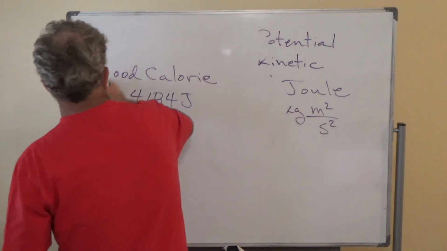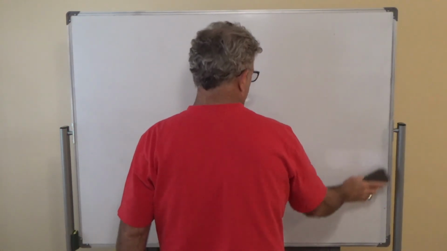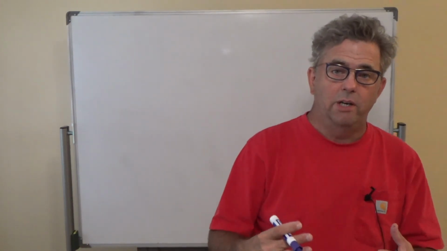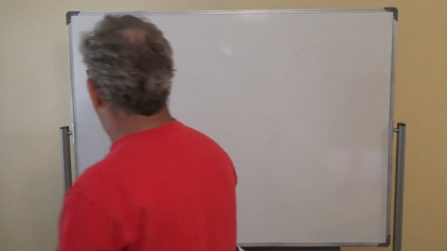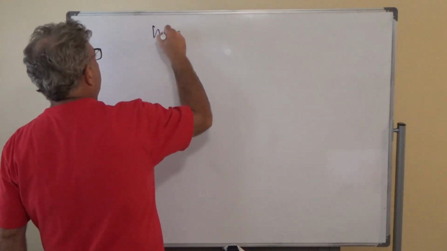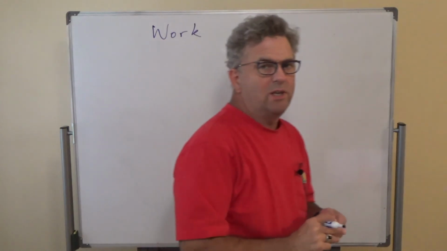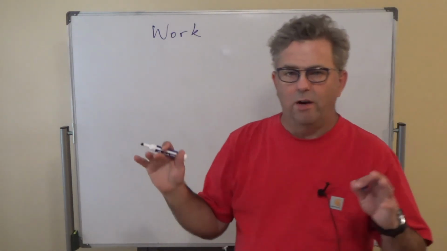Let's talk about this relationship to work. Because someone just mentioned that energy is this ability to do work. So an object has some energy if it has some ability to do work. But what is work? Well, when we say work in physics, we mean something fairly specific, and it's at a very basic level.